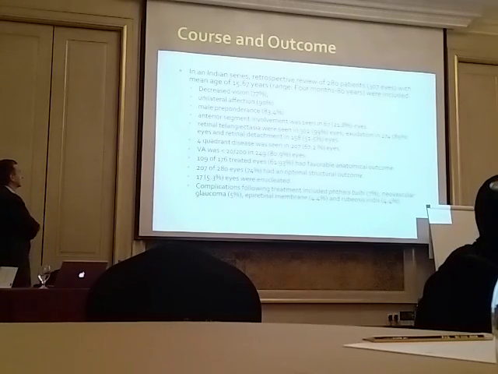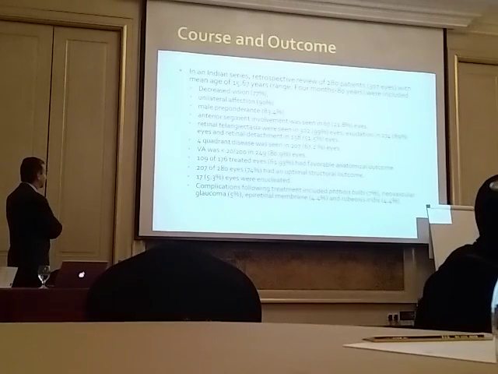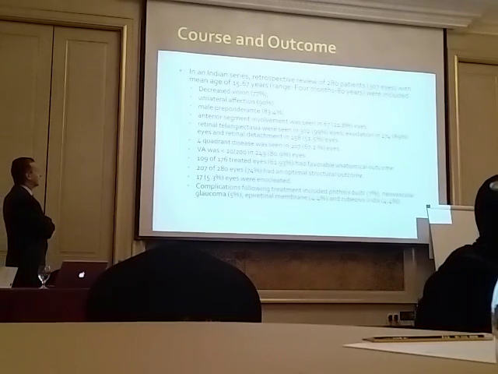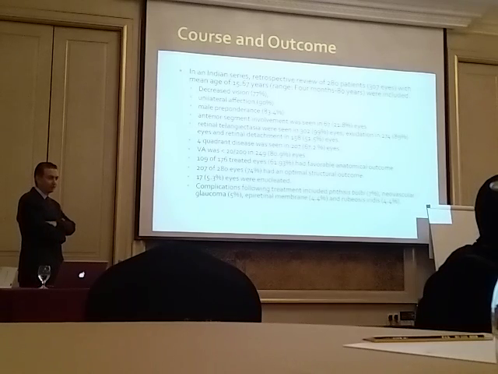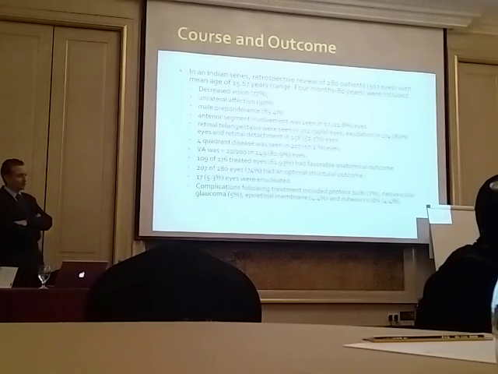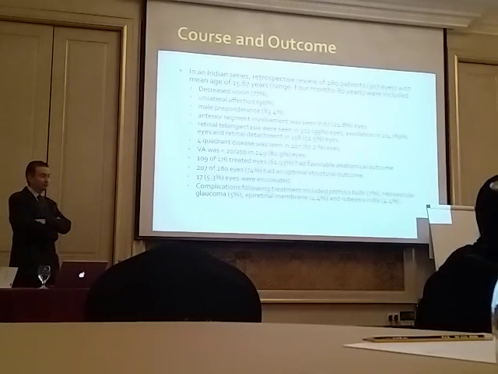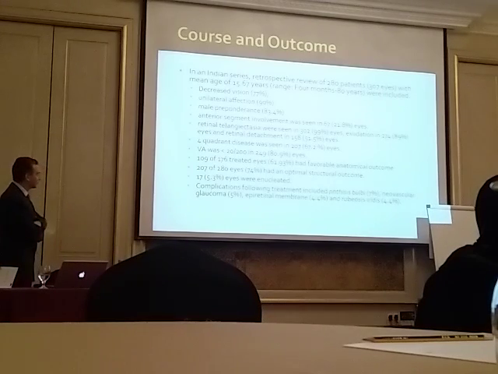There is decreased vision as the initial presentation, at 77%. 90% were unilateral, but some were bilateral. In the Indian series, there's a huge male preponderance, but knowing the Indian culture, unfortunately a lot of little girls are neglected, so that should be taken with a grain of salt.